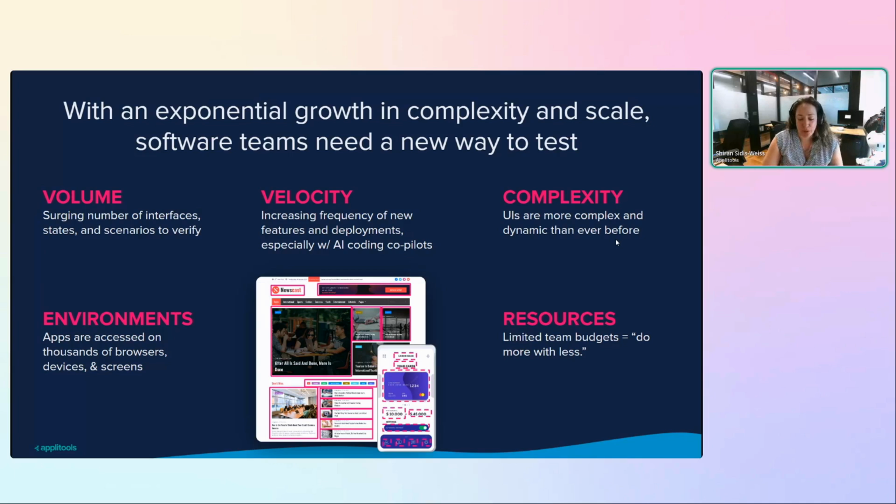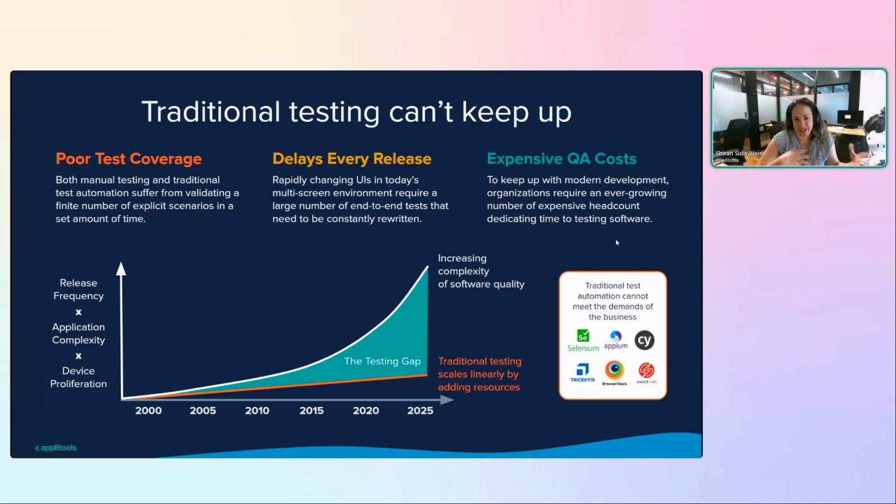Environments that we need to support, with device proliferation in the market today, are becoming a tremendous challenge for organizations. And of course, it all comes down to doing all of that with much less time and money spent, resources, basically. And the main challenge here is that traditional testing platforms just cannot scale to these challenges.